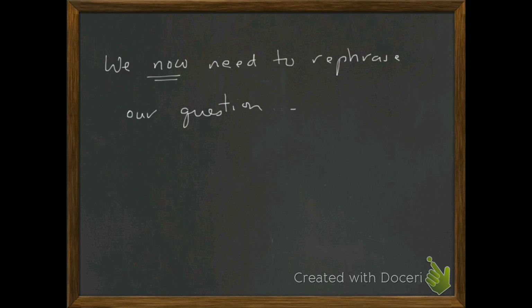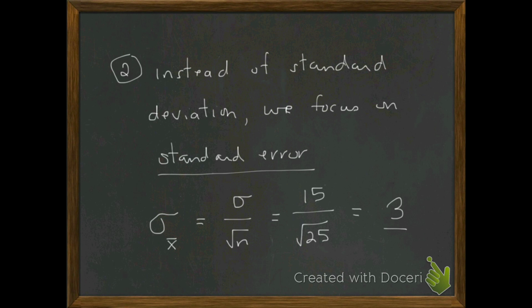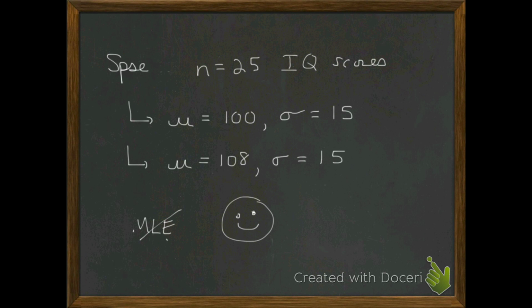A mean of 100, standard deviation 15, or a mean of 108, standard deviation 15. I think I'm right on that. Let me go back here and just check to make sure that, yeah.